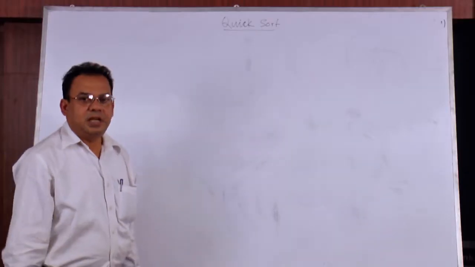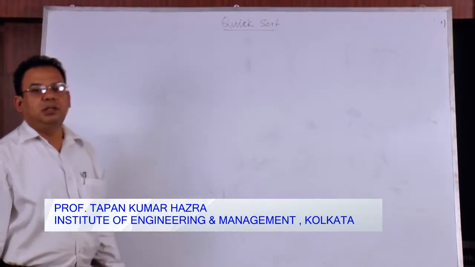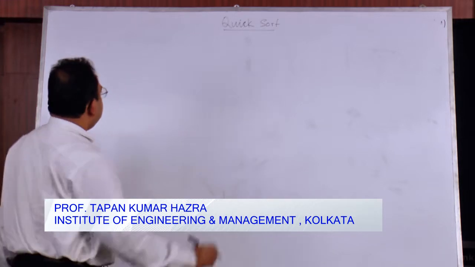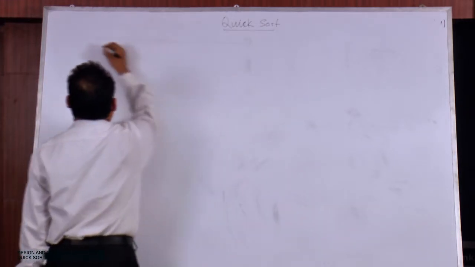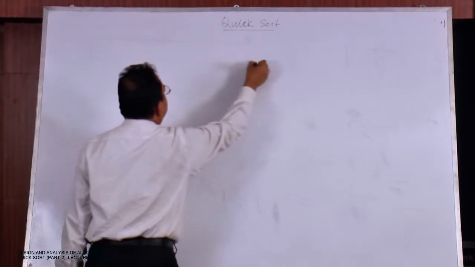Now, let us consider an example to illustrate the operations of quicksort. Let us arbitrarily consider an array of integers.